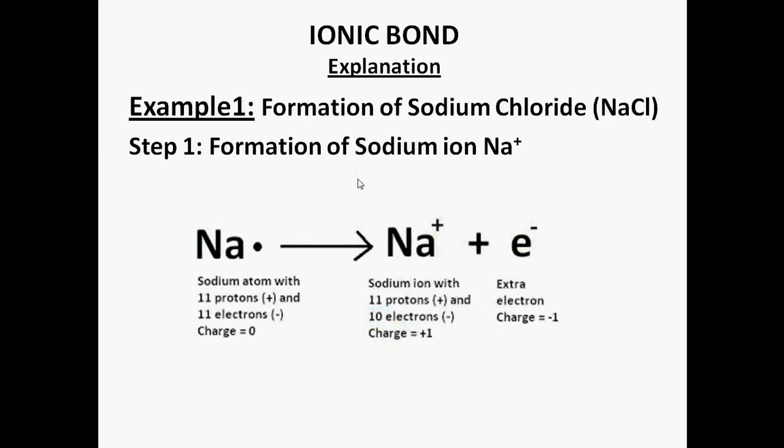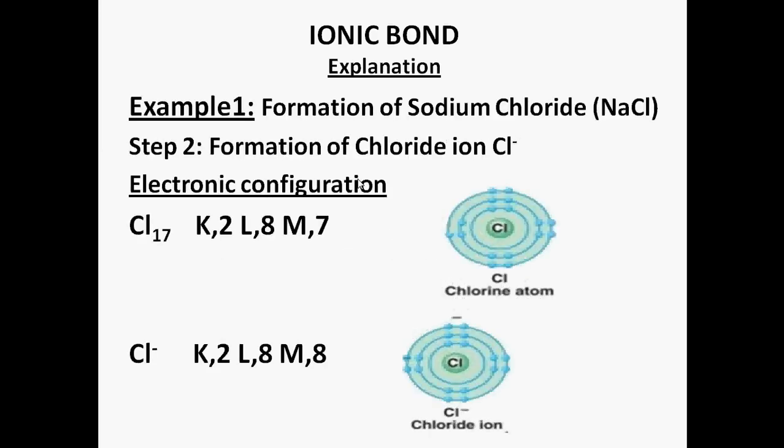You see from the next figure, sodium dot shows one electron in its valence shell, and the sodium positive ion forms after the loss of the electron. Now the formation of the chloride ion, symbol Cl, atomic number 17, electronic configuration K2 L8 M7. As it has 7 electrons in its valence shell, it needs 1 electron according to the octet rule to become stable.